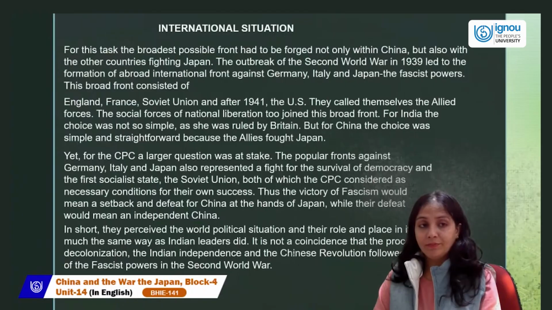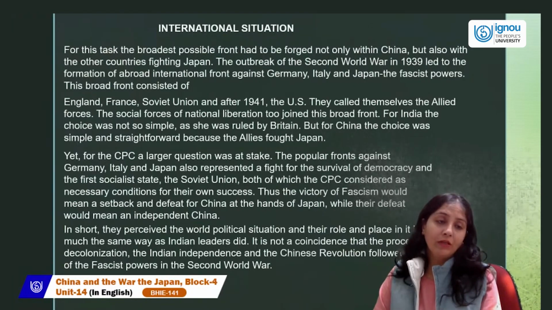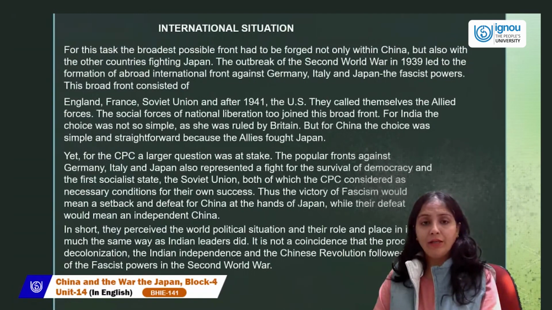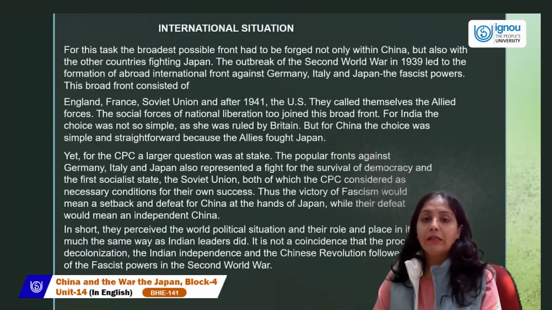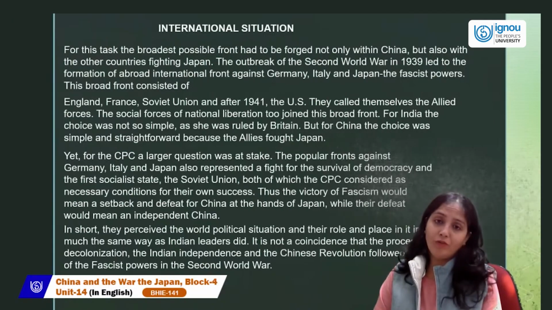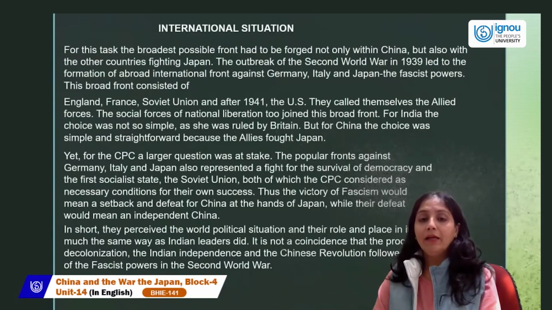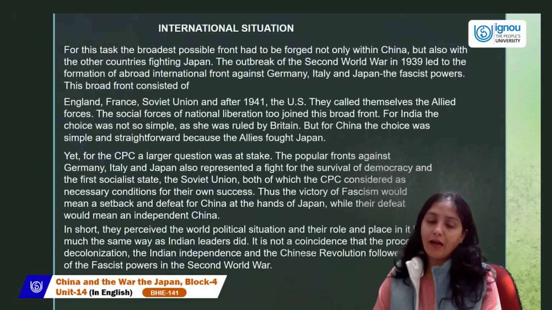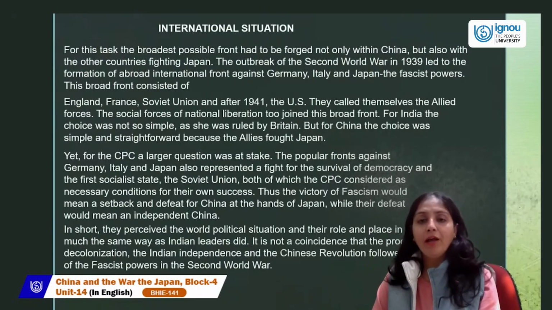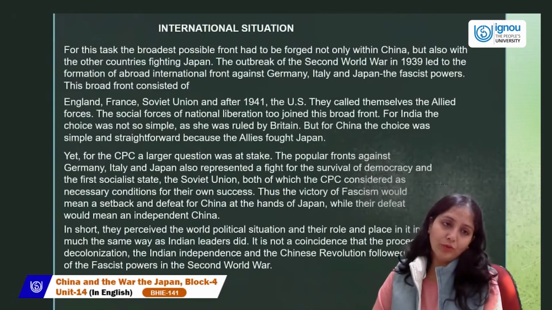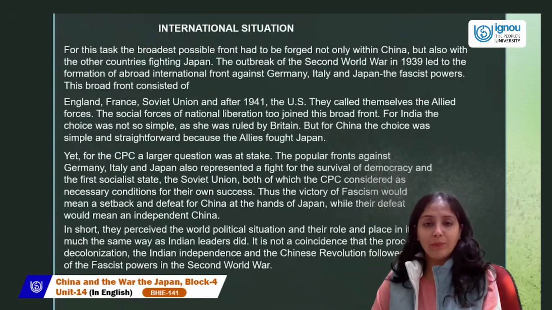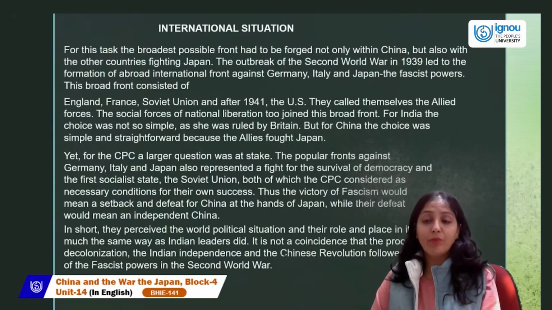They were the Allied Forces until 1945, when the Second World War ended. After 1941, the US had joined the Allied Forces. The social forces of national liberation too joined this broad front.